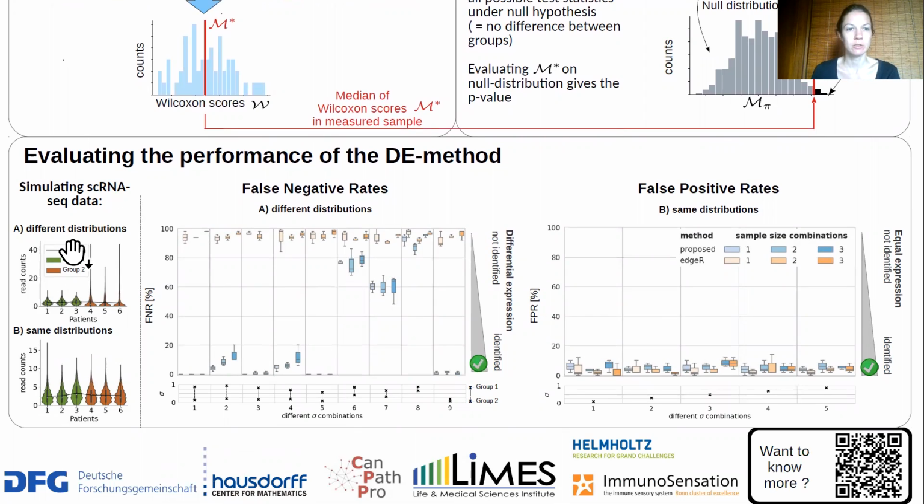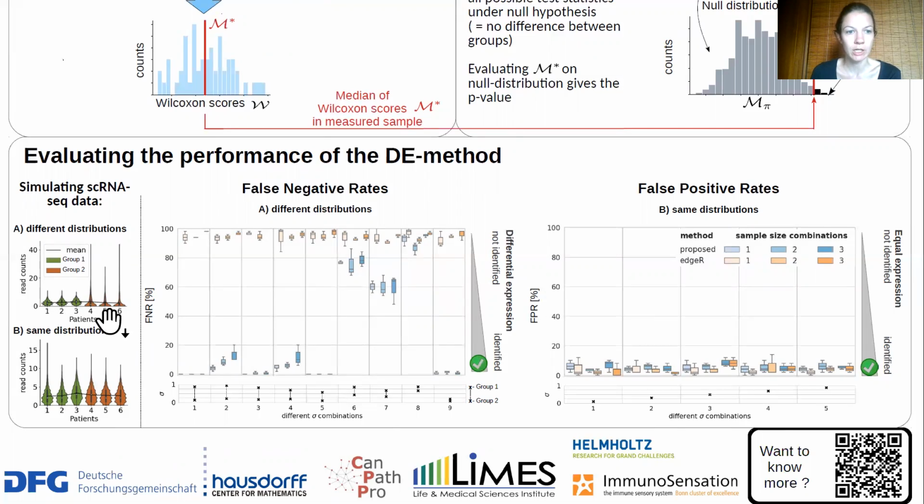Once, we simulated different distributions between two groups which have a similar mean, which is shown here in the black line. So the mean between the two groups and the patients is similar, but the distributions between the two groups are different.